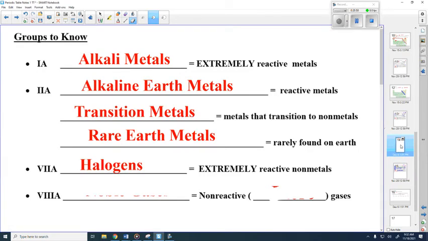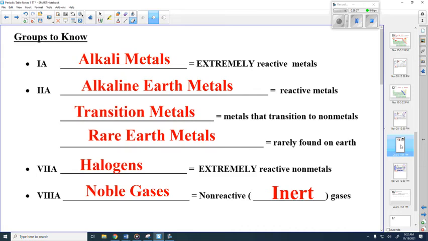And lastly, we have the snooty folks in group 8 on the very far right-hand side, the last column. Those are called the noble gases. They are not reactive, so we say the word inert. Inert means non-reactive. They won't play with anybody. They're the elements where other elements are like, hey, you want to form a bond? And they're like, no, we don't need you. Thank you very much. Off you go, potassium. Nobody likes you.